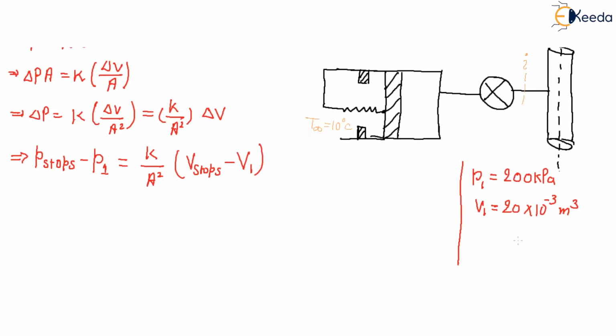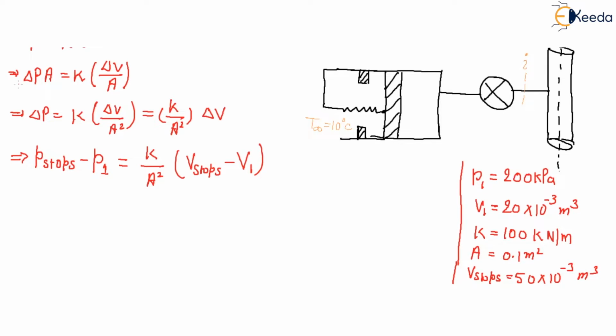What is the value of K? K is 100 kilonewton per meter. What is the value of A? A is also given, 0.1 meter square. What is the volume at the stop? The maximum volume at the stops is given, 50 times 10 to the power minus 3 meter cube. So these are your given values.